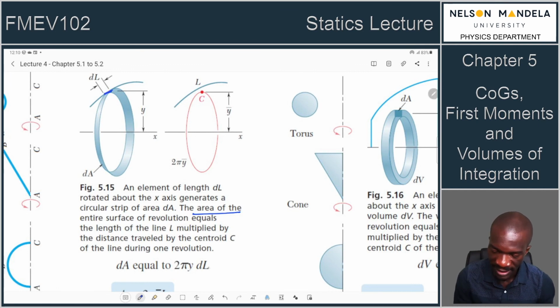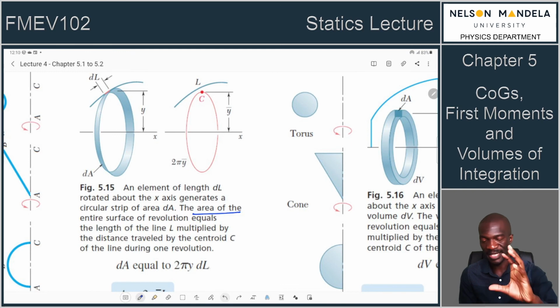So this is the centroid C. Distance traveled is obviously what? A circumference, isn't it? So this is why our small area element of this integration process to find the total area is simply given by 2 pi for the one revolution, y times dL.